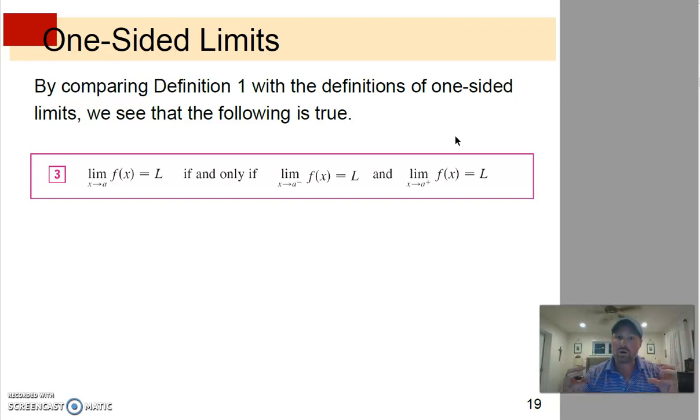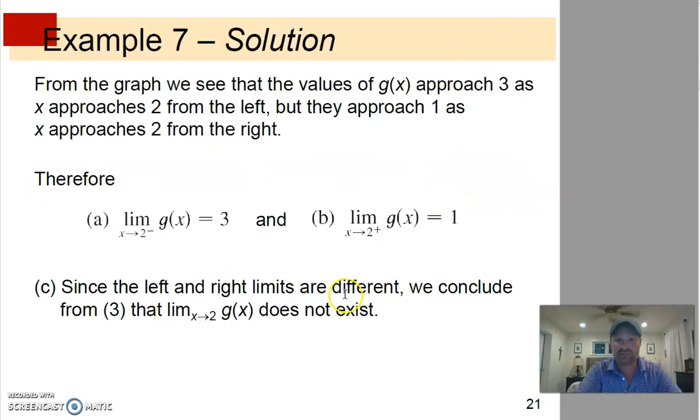So we're not talking about one-sided limits here. We are saying that this holds true if and only if we approach from negative values and equal the limit, and we approach from positive values.